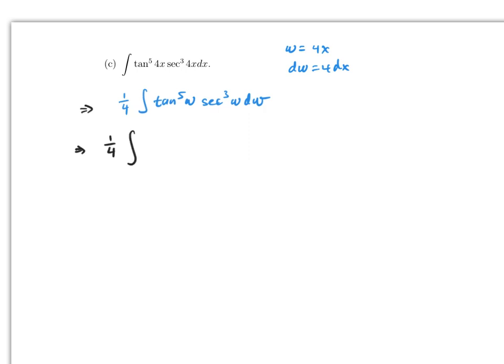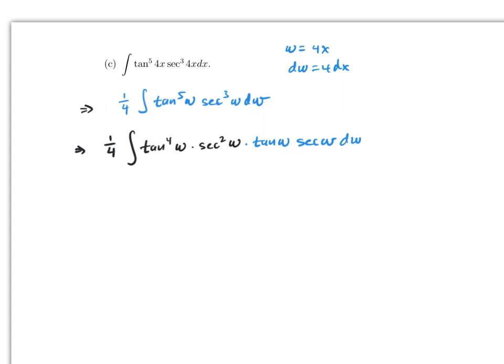So notice that you can rewrite this as tangent to the 4th power of w times secant squared w times tangent w secant w. You can check that this is exactly the same thing as this.